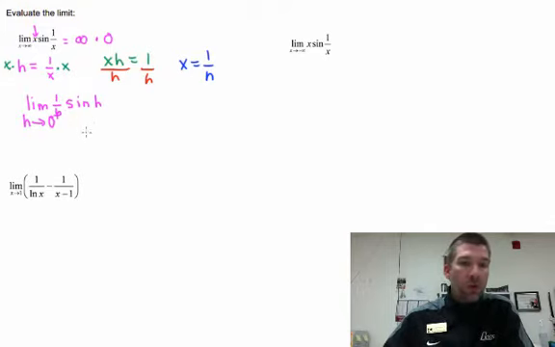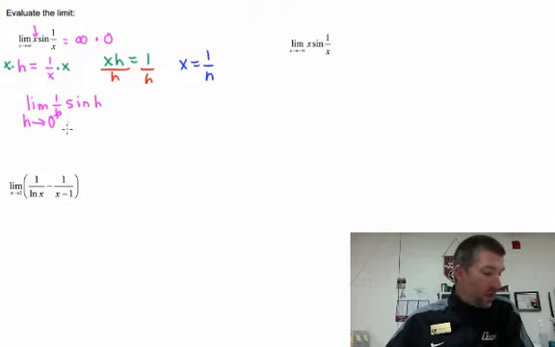Well, what we're doing is we're looking at the limit as h approaches 0 from the right-hand side of the number line, from the positive side of the number line. Okay? And when we do that, 1 over h, as h gets close to 0, gets pretty big, right?